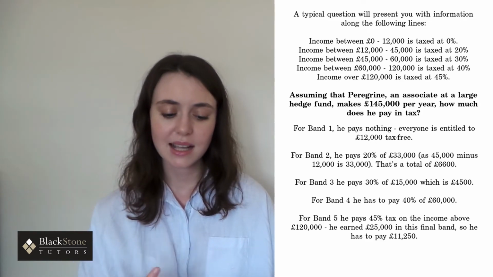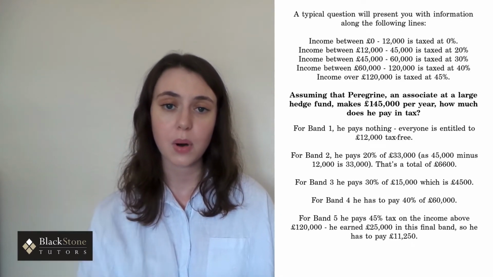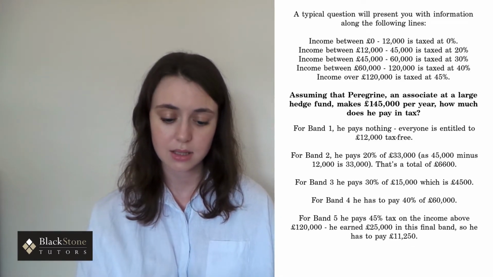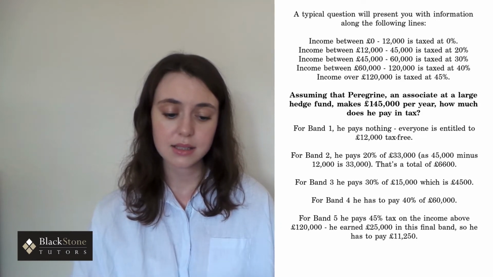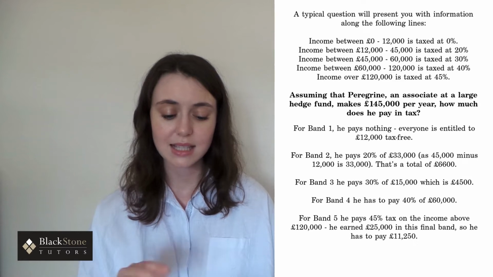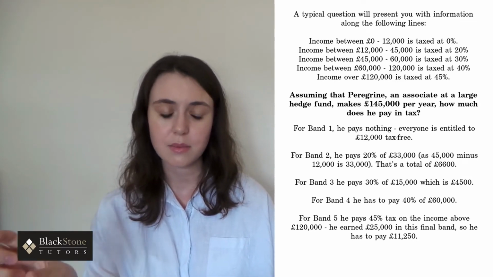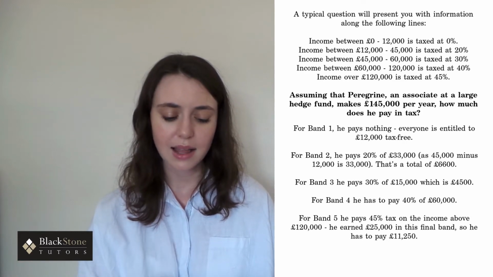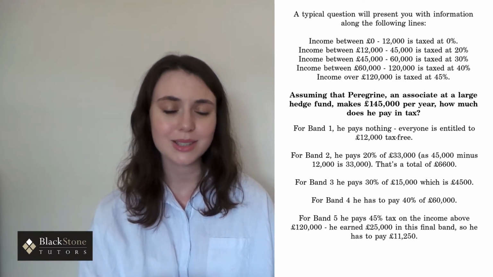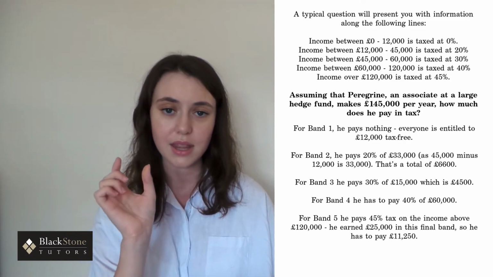And finally, he has to pay 45% in tax on income above £120,000. So he earns £145,000 per year. That means that he's taxed 45% on the remaining £25,000 that he earns. That leaves you with £11,250 in tax on that band.